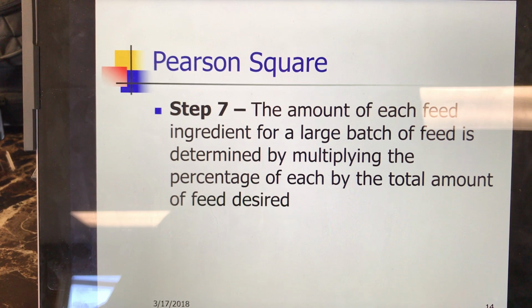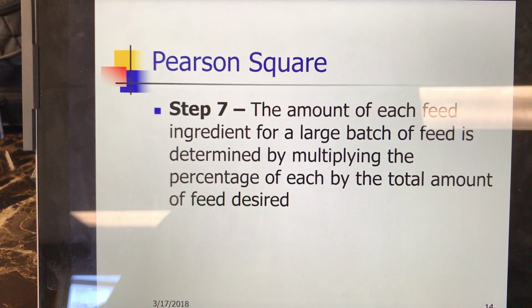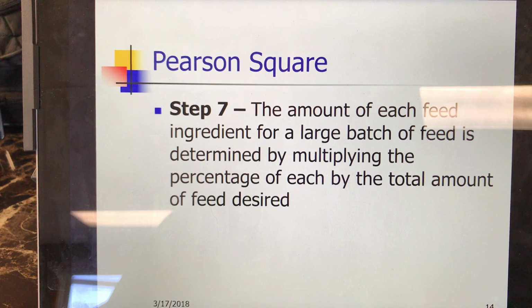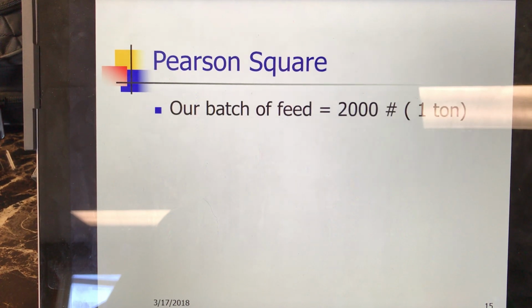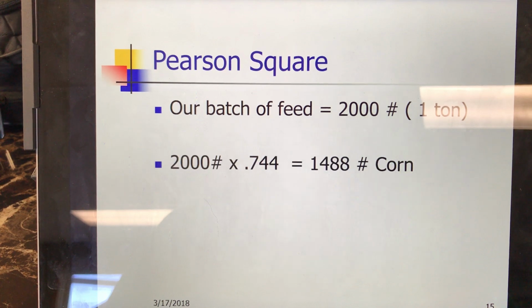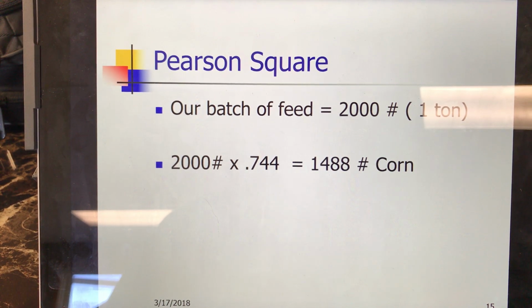The amount of each feed ingredient for a large batch of feed is determined by multiplying the percentage of each by the total amount desired. So in this case, 2,000 pounds is also equal to 1 ton. So 0.744 is our percentage of corn.